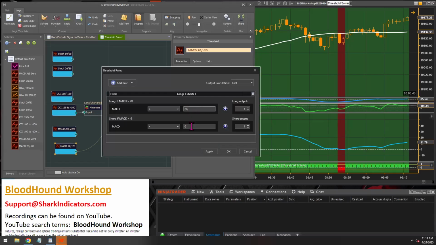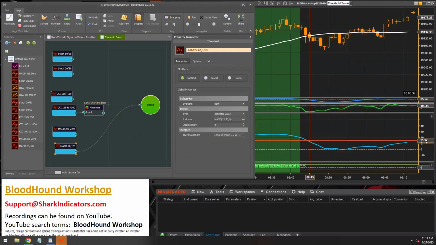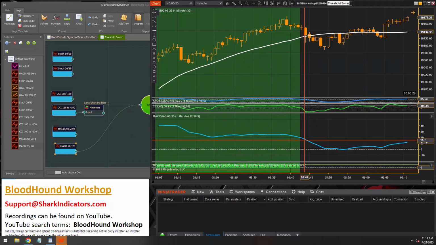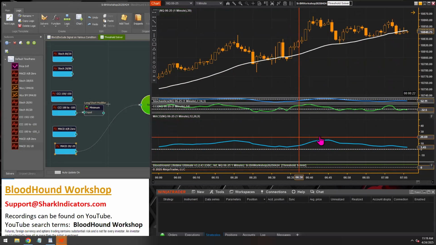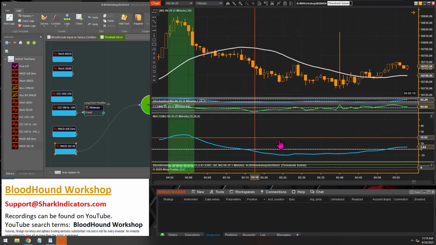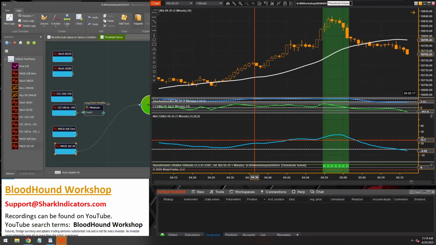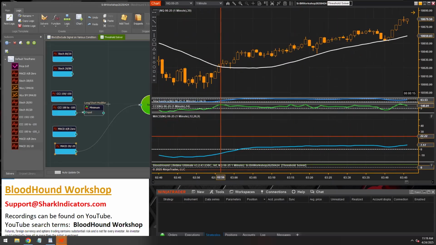Put 20 in there, negative 20 in there, and might want to include the equal sign. Personal choice there. And there we have it. So whenever the MACD is in between 20 and negative 20, no output. Let's see if we actually have. Yeah, today has been a strong up day, so our MACD may not go below negative 20.